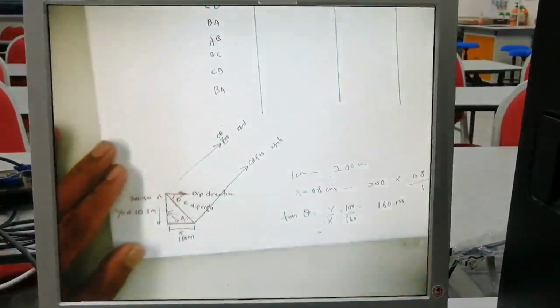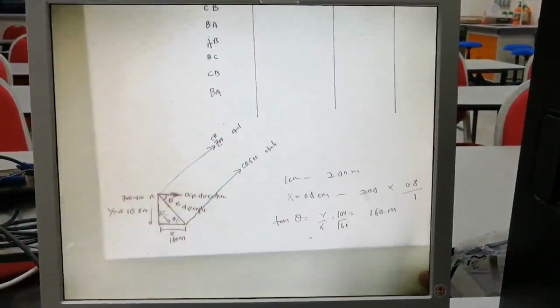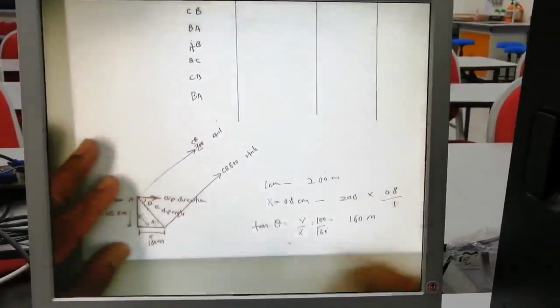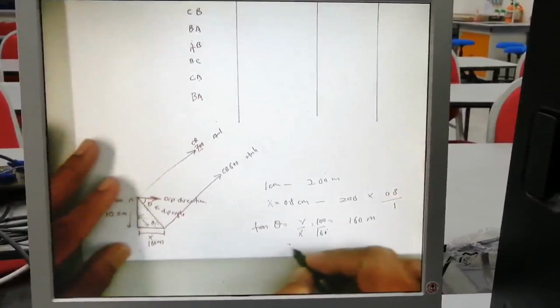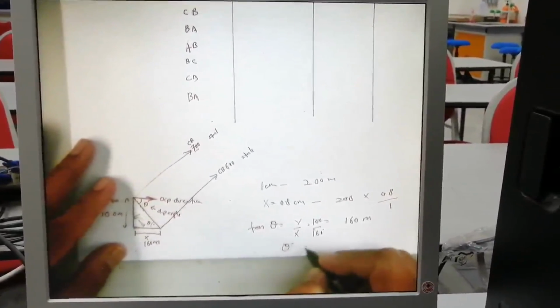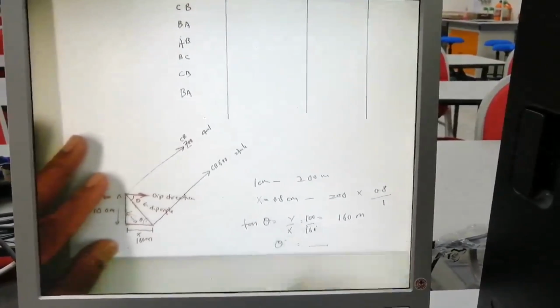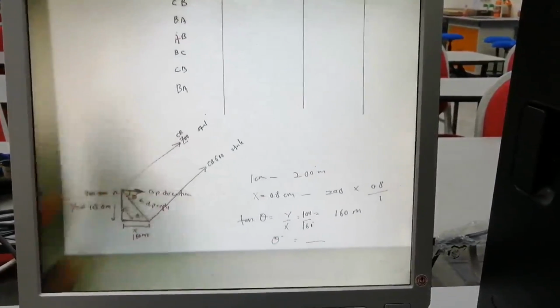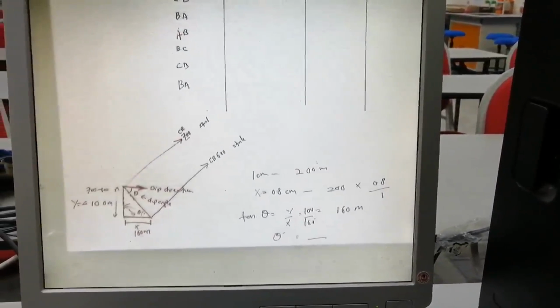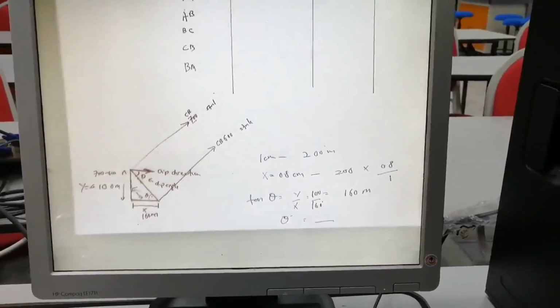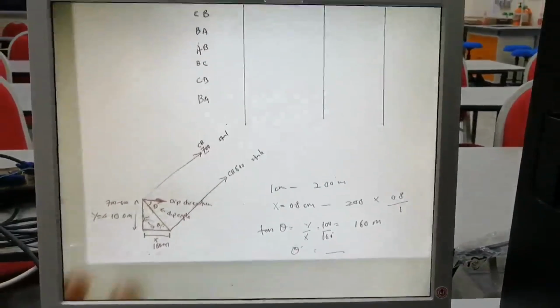What's your answer? 100 divided by 160, you must take the inverse tangent to get the angle of this dip angle.